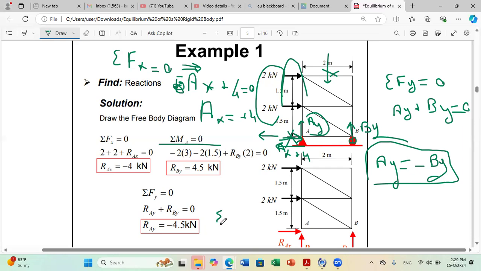So if you do sum of moments about B equal to 0, if you look at your figure, ax is passing by B, so it cannot produce any moment about it. Now let me select a positive convention. I take the clockwise as positive.